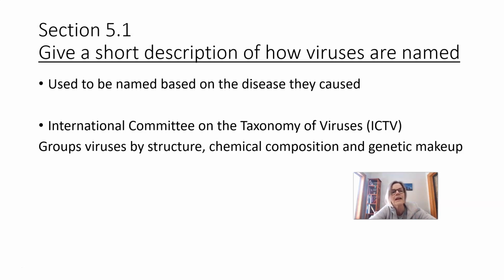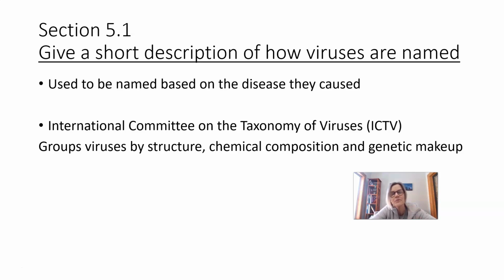What they ended up doing is they grouped viruses by their structure, by their chemical composition, and their genetic makeup. There's a lot of details that go into how viruses are grouped together, but at the very least, I want you to understand that there are ways that we can put similar viruses together when we're talking about them. And when we're talking about what virus causes polio, the polio virus, we know everybody's talking about the same one.